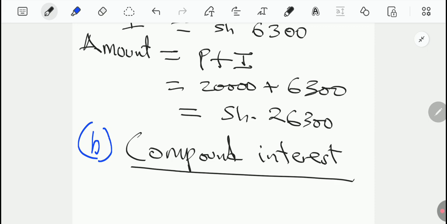Now, with compound, it is not only given in a given period of time. We keep adding it up, like interest in 2 years, 3 years, like that. I can compound it after 2 years. It becomes compound interest.